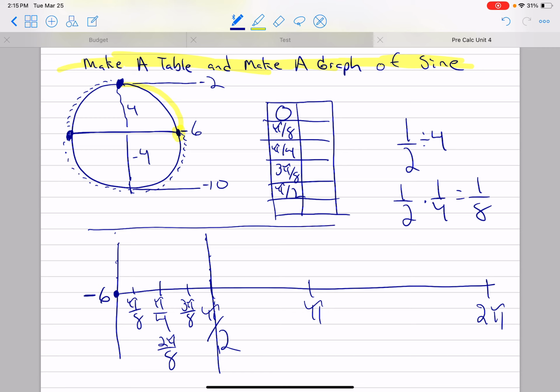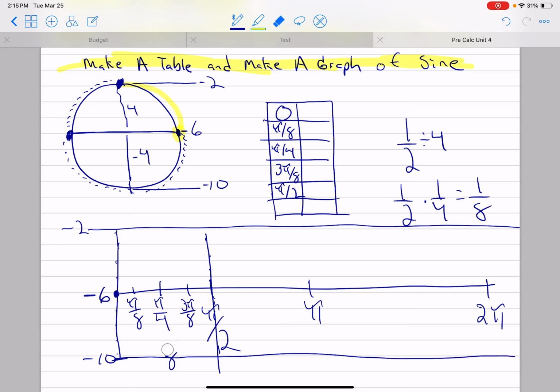My maximum is way up here at -2. And my minimum is at -7, -8, -9, -10. You probably don't want to keep this here because it makes it look messy.